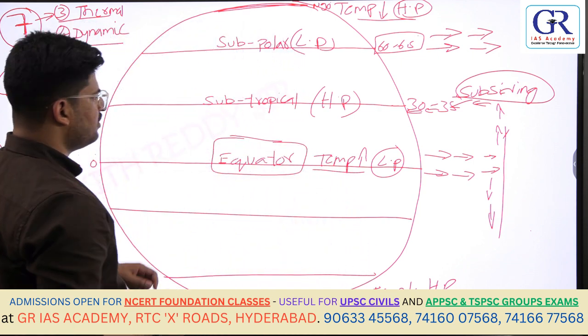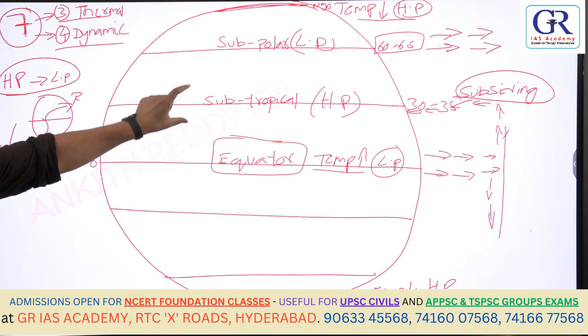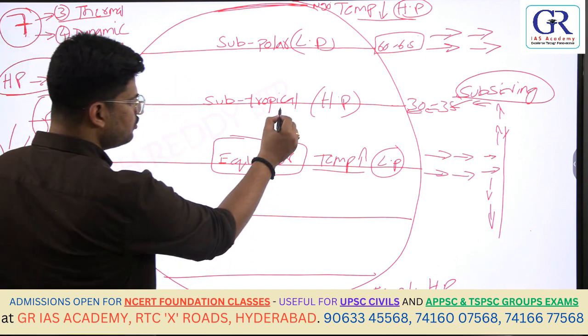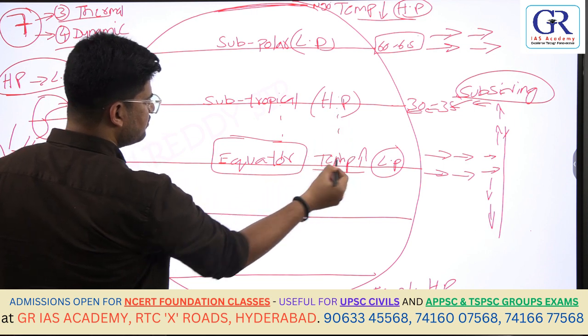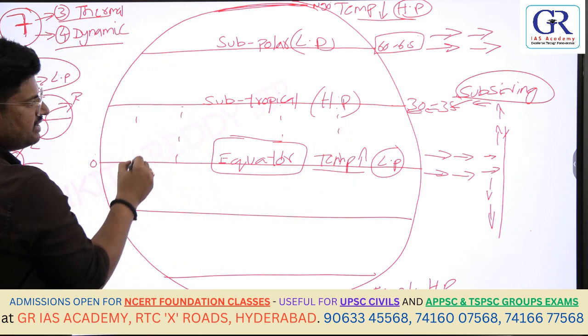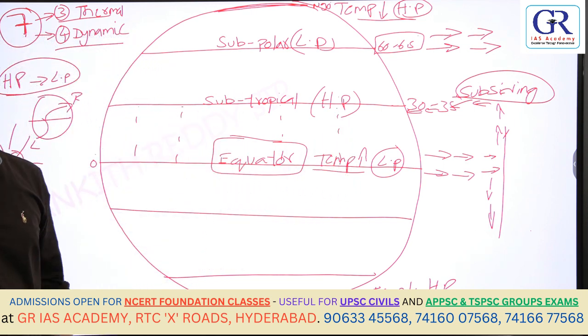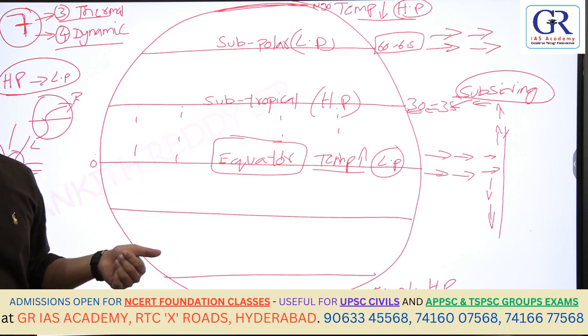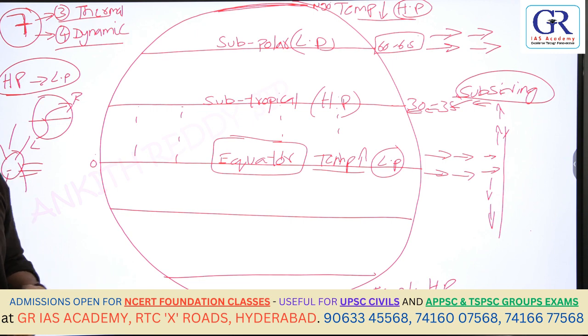Okay. Now, in the subtropics, the winds always move from high pressure to low pressure. So it should move like this. Yes or no? From the subtropic region to the equator, high pressure area to low pressure area. But there is a force called Coriolis force. So it deflects wind towards the right in the northern hemisphere.